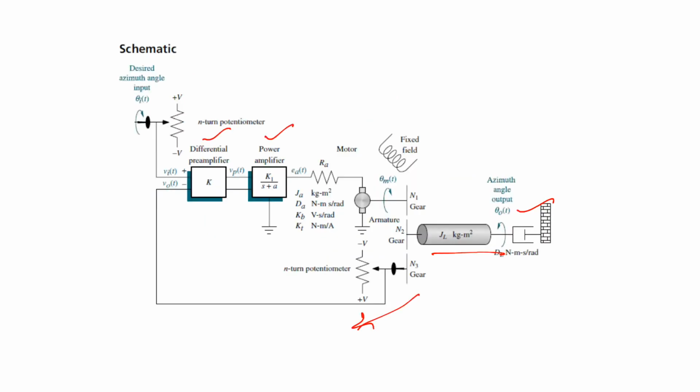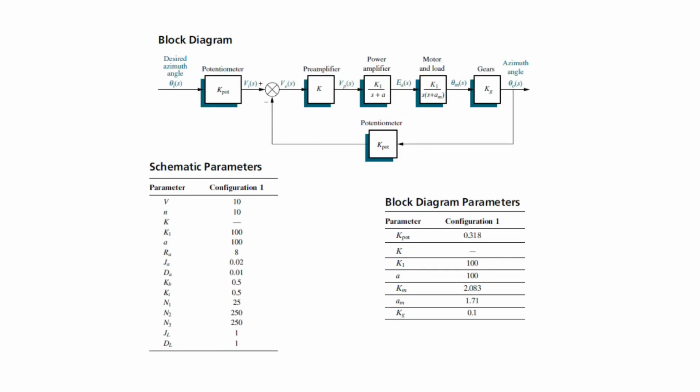Now we have read about the translational and rotational systems, and we have to find the transfer function of that. After finding the transfer function, this is the block diagram of the whole system. It contains the potentiometer, the preamplifier, then the power amplifier, then the motor and the load, and then the gears, and finally the azimuthal angle is changed.